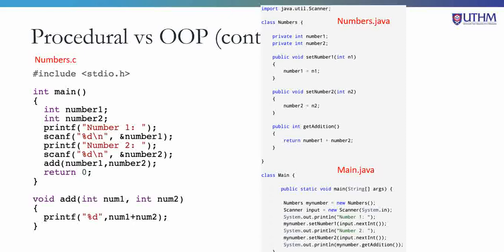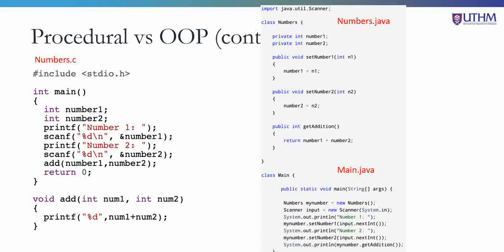We need to go through the function. In this case, we use get addition to access the value of number one and number two. Don't worry, you will learn this further in chapter 3 if I'm not mistaken. For now, it is sufficient that you know the basics of how it works.